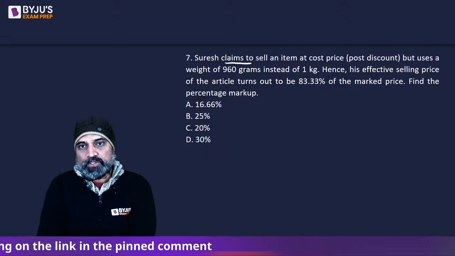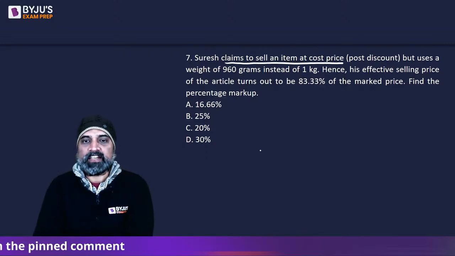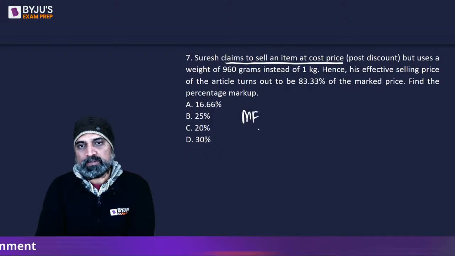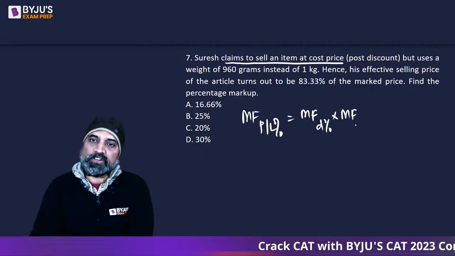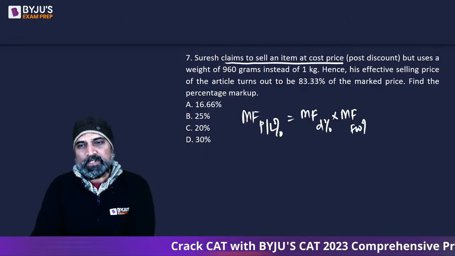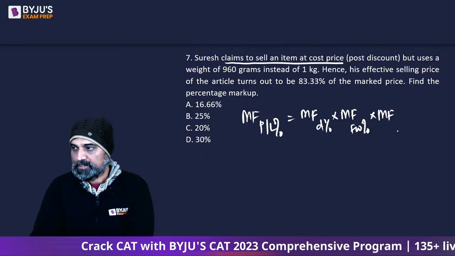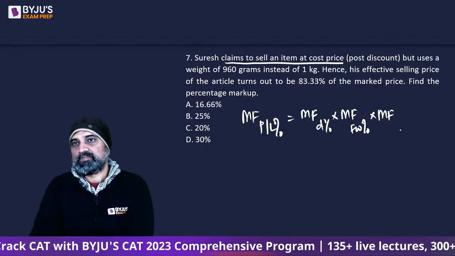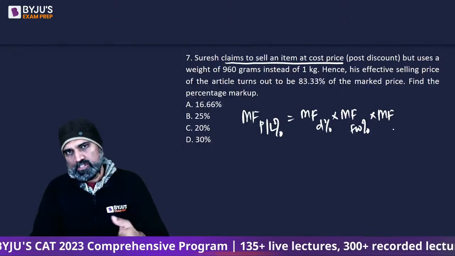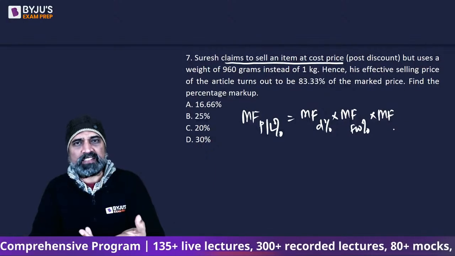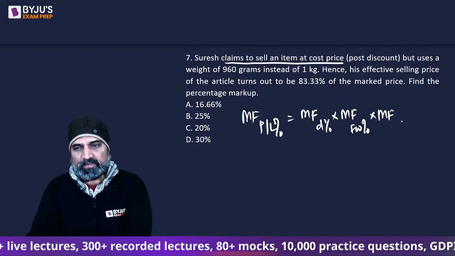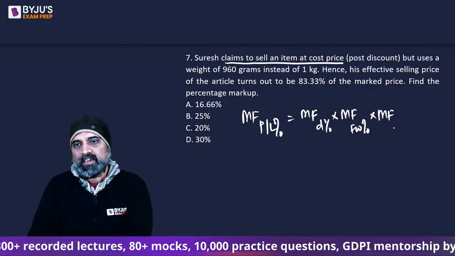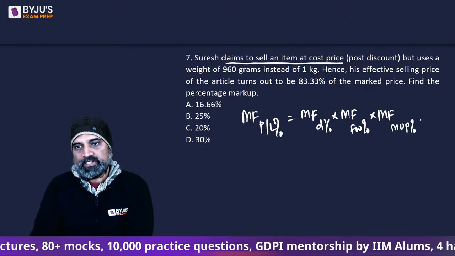So when he claims to sell an item at cost price, the formula we use is: the multiplying factor of profit or loss percentage is equal to the multiplying factor of discount percentage into the multiplying factor of faulty weight percentage into the multiplying factor of any other loss, any measuring way, changes, or adulteration, and also the markup price percentage.